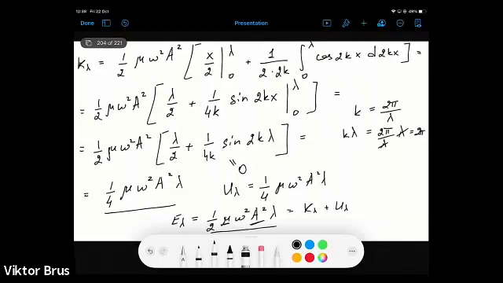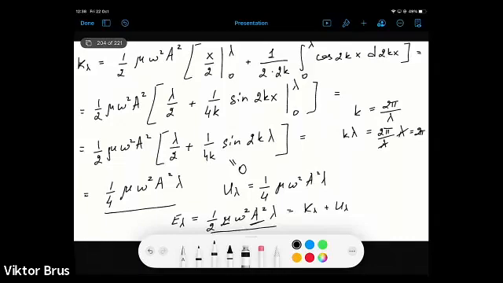And now our final step here will be to determine the power transmitted by the wave, which means the amount of energy per unit time.